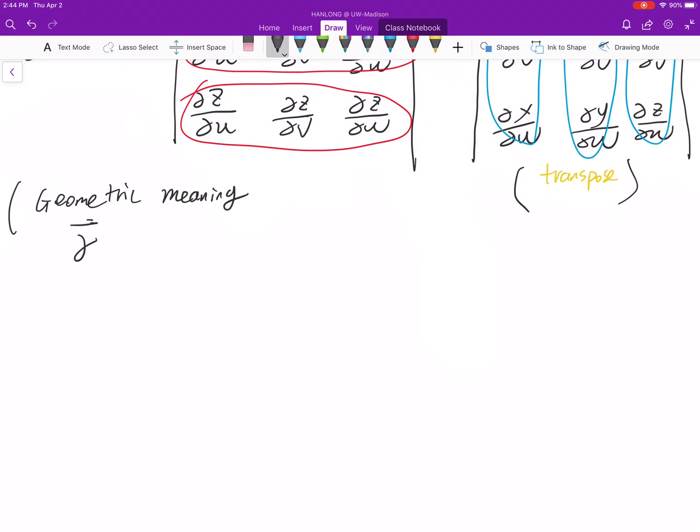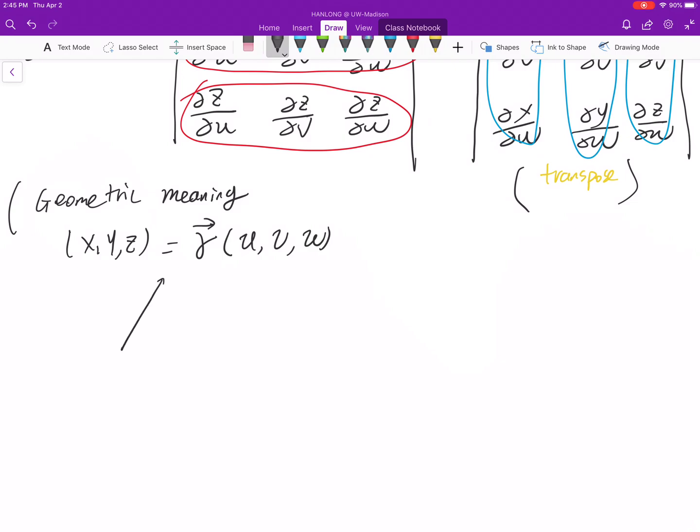So suppose x, y, z can be written as a vector valued function gamma of u, v, w.